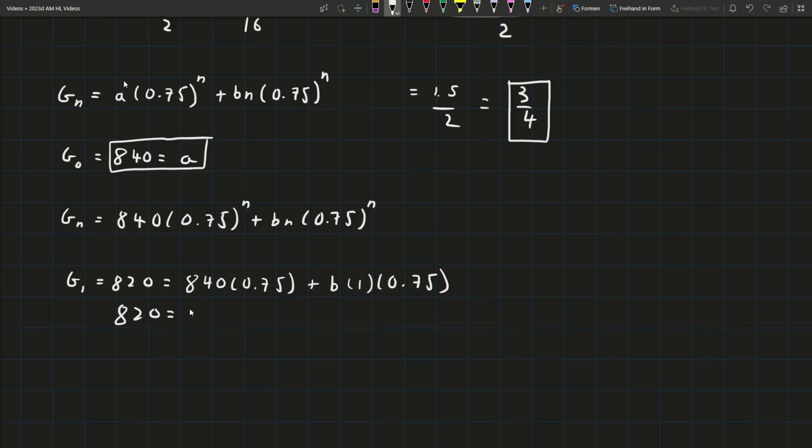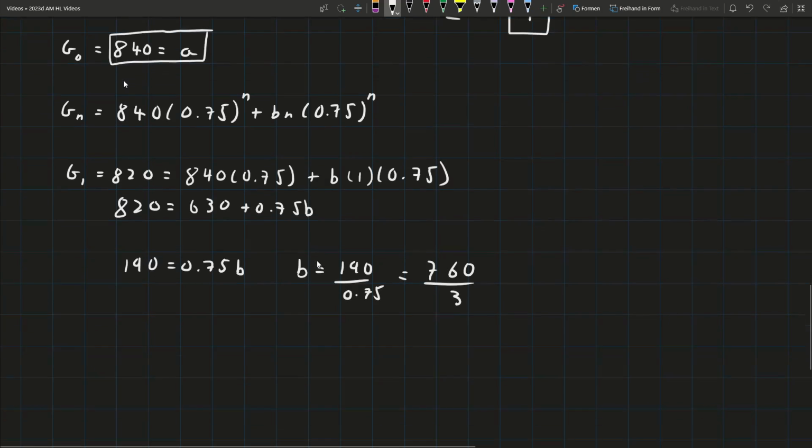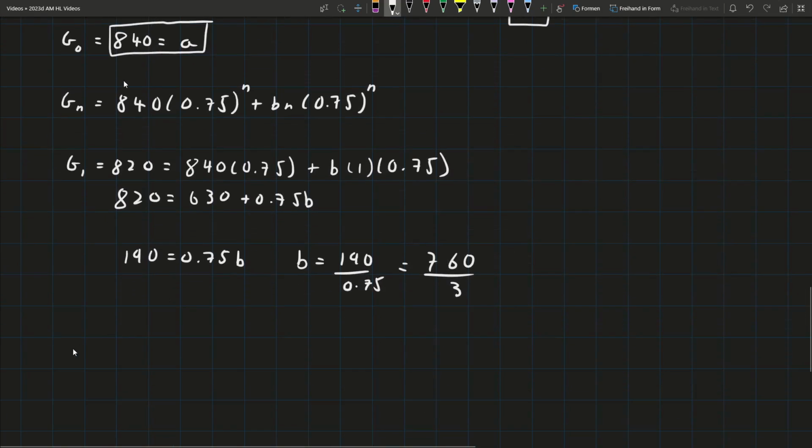It gives us 630 plus 0.75b. Bring the 630 to the other side, and we get 190 equals 0.75b. Divided by 0.75, b will be 190 over 0.75. It's actually a decimal, but I'm going to write it as a fraction because it's a recurring decimal. It's 760 over 3.